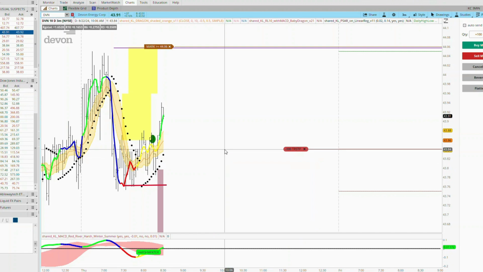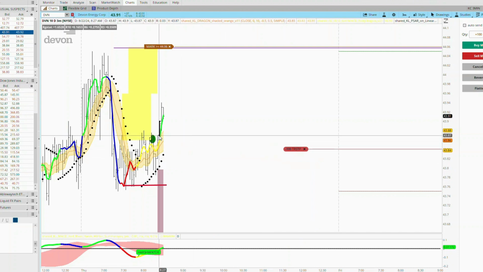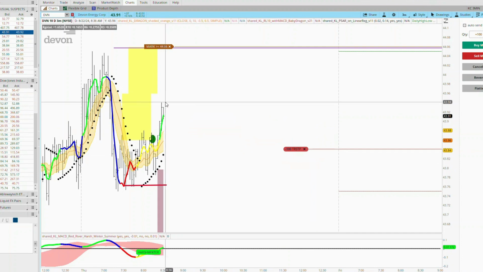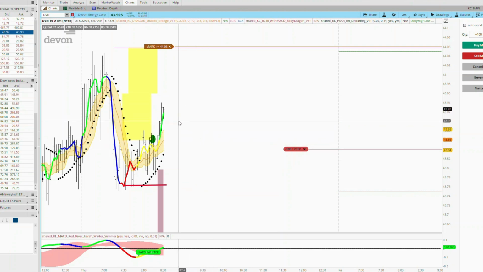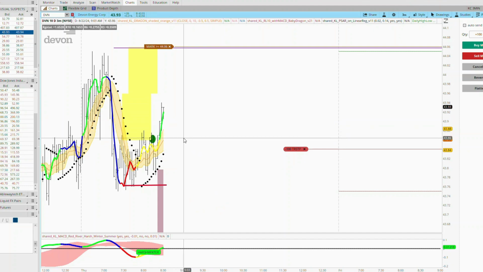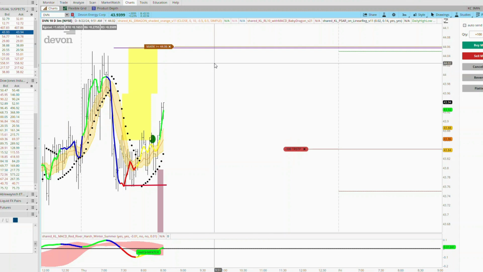Okay, so when we left our Devon trade, we had just entered, and you can see here now we've had a nice move up almost to 1R, and so we've almost gotten our risk completely out of the trade. This is what's really nice about intraday trading, that you can get your risk out very quickly as opposed to waiting a couple days, let's say, or a week, when you're doing an end of day swing trade.